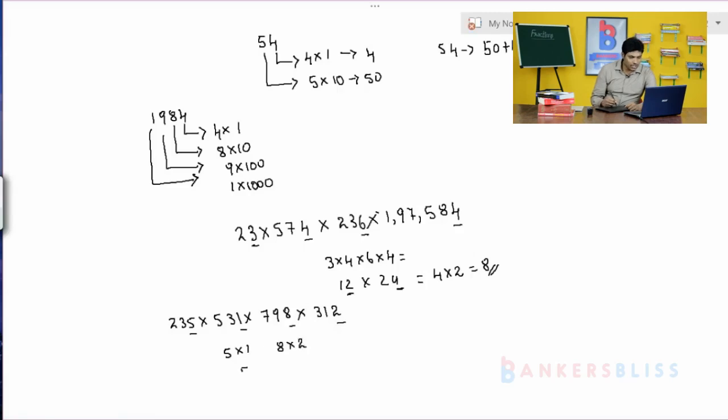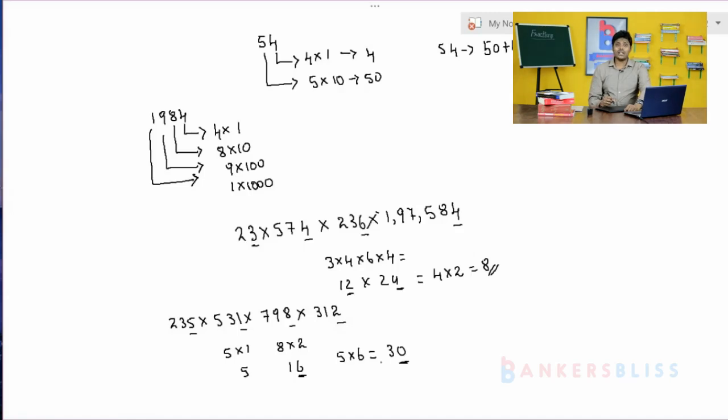So 5 into 1 is 5, 8 into 2 is 16, again you consider the unit digit 6. So 5 into 6 is equal to 30. So the unit digit you are going to get at the end of the day is 0. Fine. So this is how to calculate the unit digit if they give values like this.